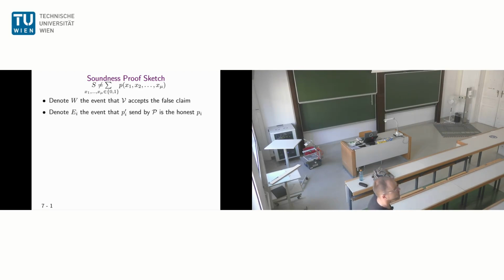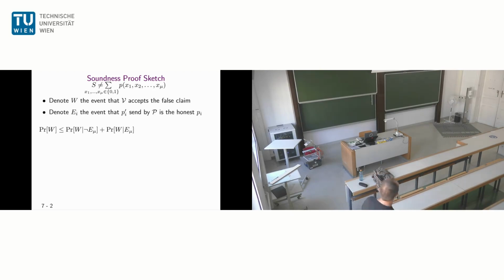Okay, so all the prover can do is send polynomials. This is his only communication port. So there are two options: either the polynomial he sends is as it should be in the protocol I showed you, or it's not. Okay, simple distinction.